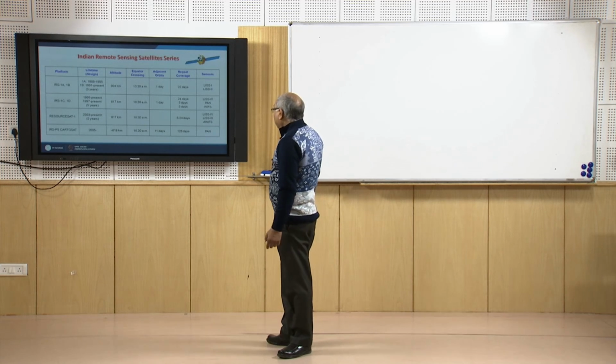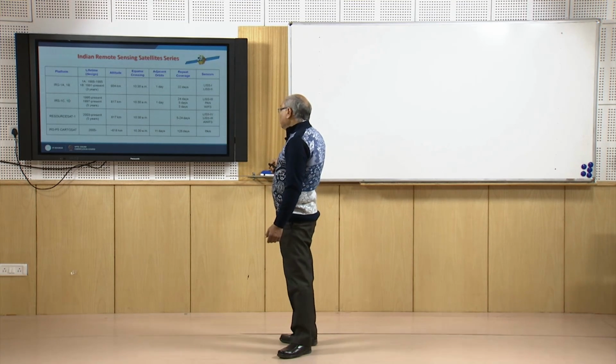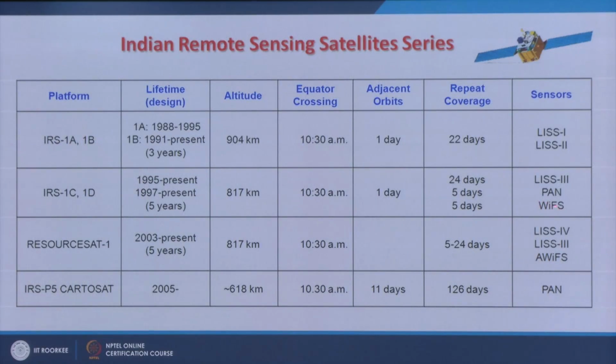Therefore it got continued in Resourcesat. We introduced one more, LISS 4, which has better spatial resolution and other characteristics, and instead of WiFS we have AWiFS. And in Cartosat, because the purpose of this IRS P Cartosat was altogether different, the orbit was much lower.